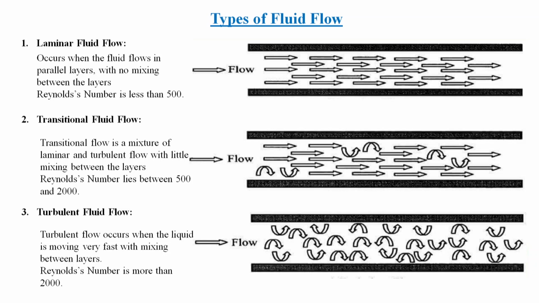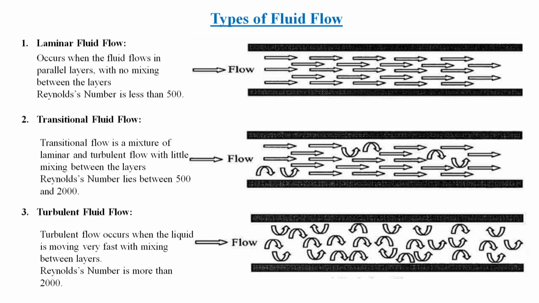There is a quantification called Reynolds number, where it is less than 500. Then the other end member is turbulent fluid flow, when there is turbulence in the water. Turbulent flow occurs when the liquid is moving very fast and mixing between different layers. There the Reynolds number is more than 2000.